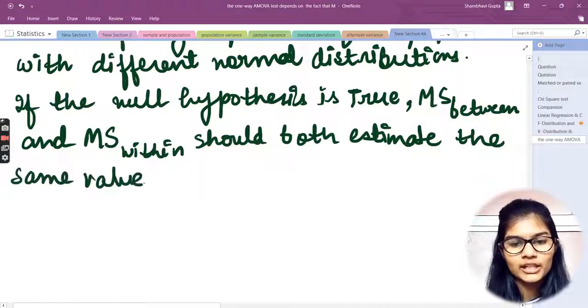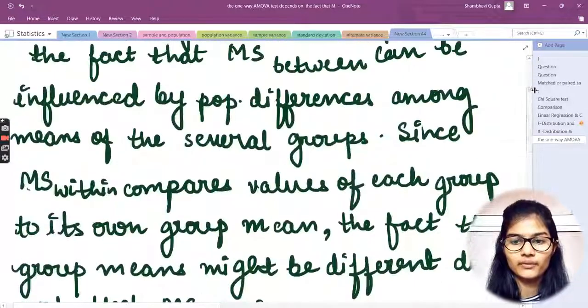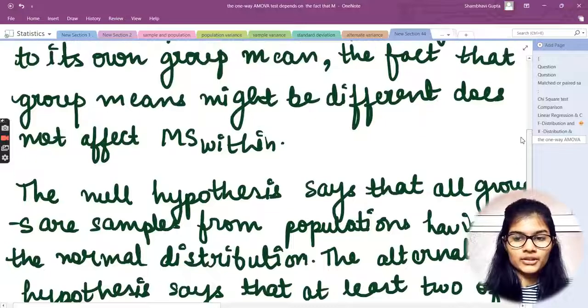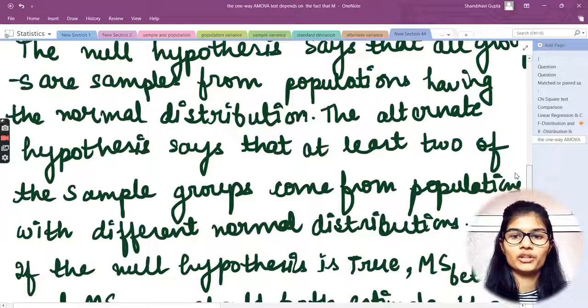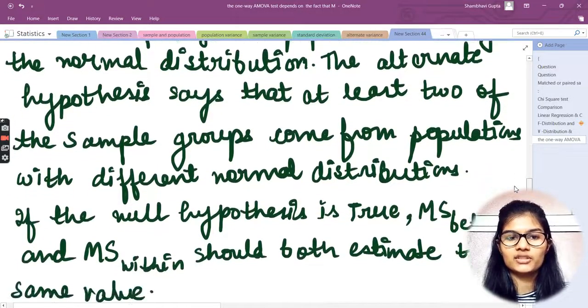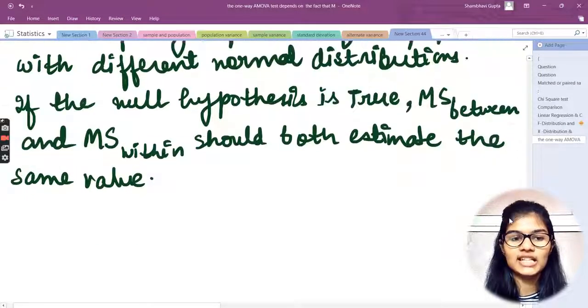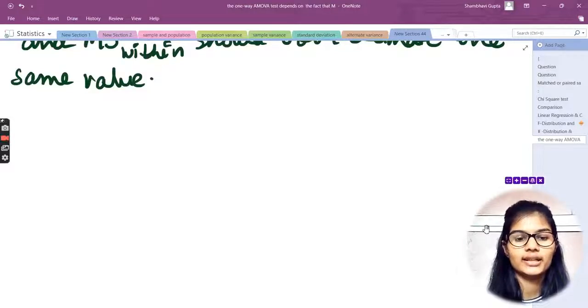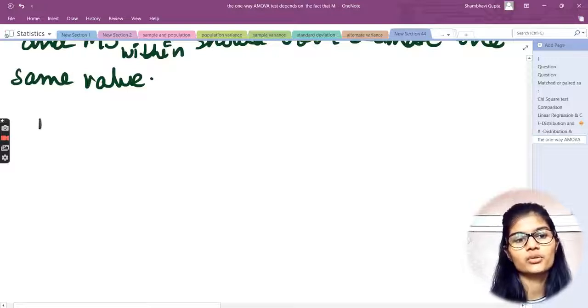So here it says that the null hypothesis says that all groups are samples from populations having the normal distribution. The alternate hypothesis says that at least two of the sample groups come from populations with different normal distributions. So if the null hypothesis is true, MS between and MS within should both estimate the same values. Now, after this, we have a quick note to remember.